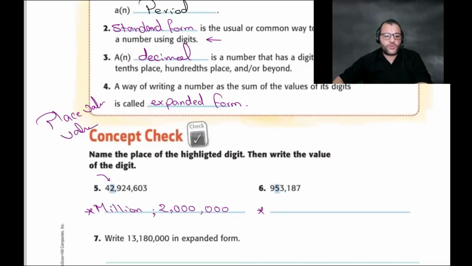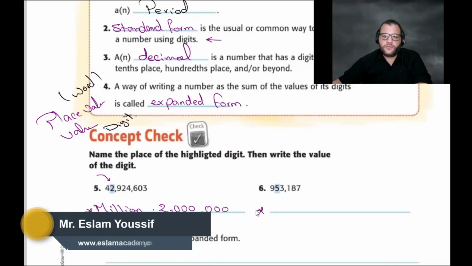The place value, I need the answer to be in words, which is ones, tens, 100,000, 10,000, and so on. Value, I need the answer to be in digits. So I need 2, 20, 200, 2,000, 20,000, 200,000 this way. So 5 here in which place? What is the place value of 5, Cindy?